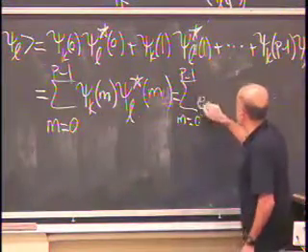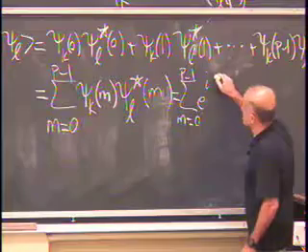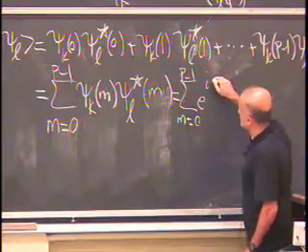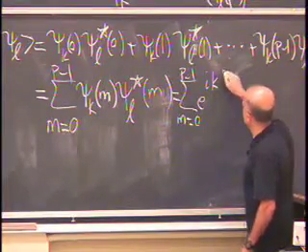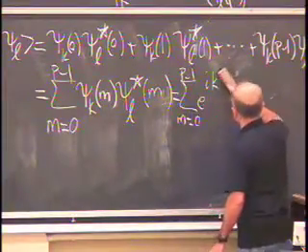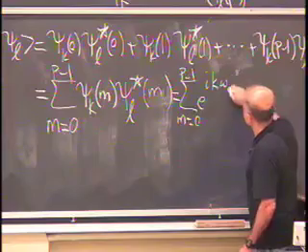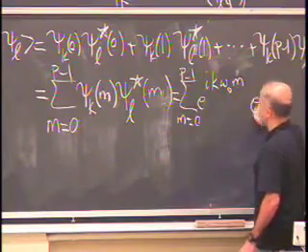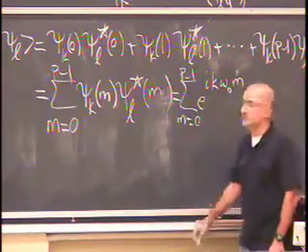CKM is e to the I K 2 omega naught, yeah, thank you, omega naught M. And what about CL conjugate?